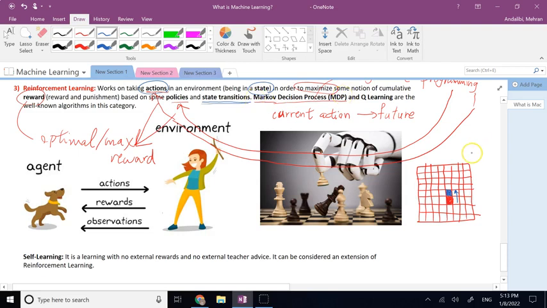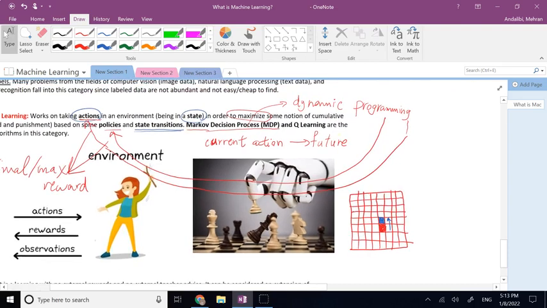If the transition is what? Not deterministic, then that's where Q-learning is coming in. So here, transitions are not deterministic. You might at best have what? Some probabilities. This is what I think.